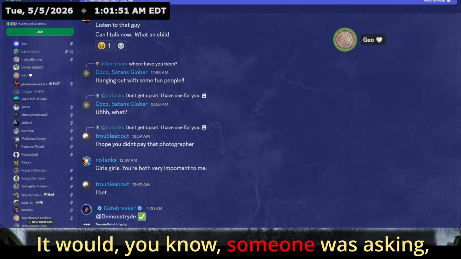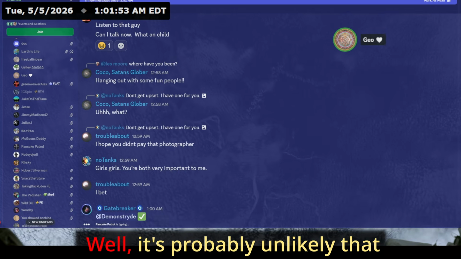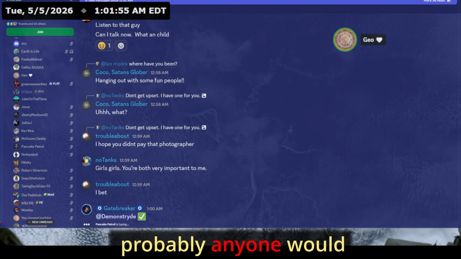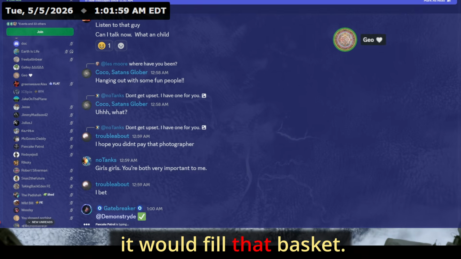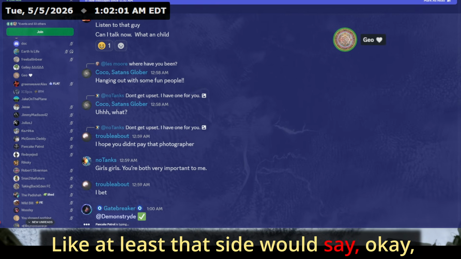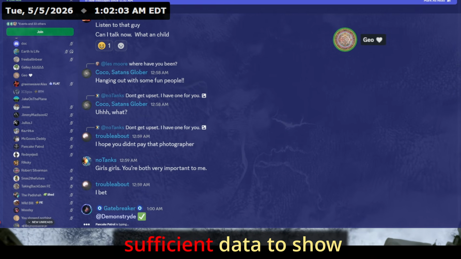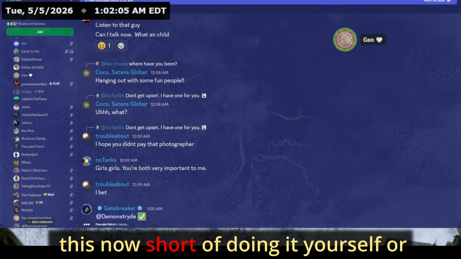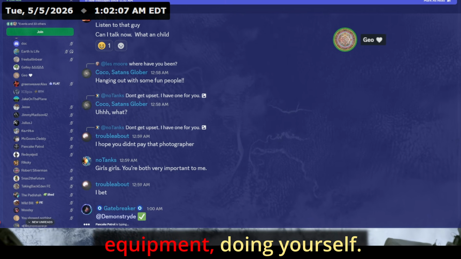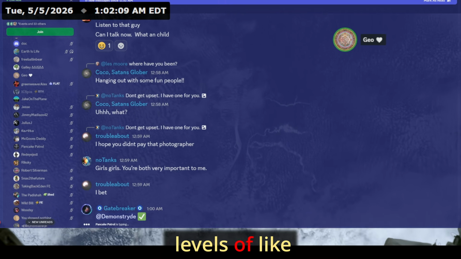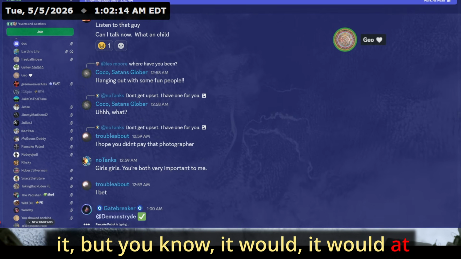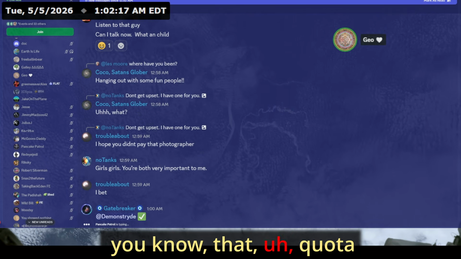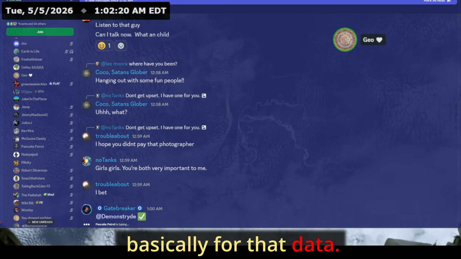Someone was asking, would it change your whole worldview? Probably unlikely anyone would change just from that. But in the idea of baskets, at least it would fill that basket. At least that side would say, okay, there is very sufficient data to show this. Short of doing it yourself or making your own equipment, there are different levels of rigorousness you can go to, but it would at least fulfill that quota for that data if it was there.